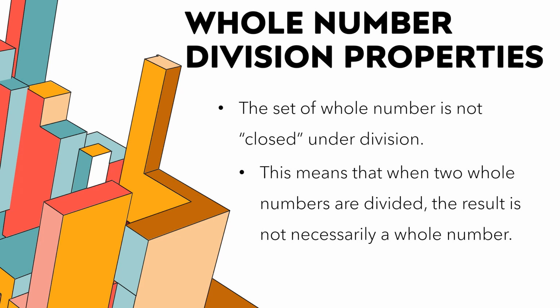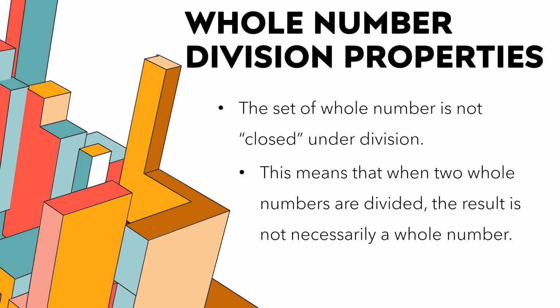Now we're going to talk briefly about some whole number division properties, and then I'll also speak about some of the properties that you will not see here. The set of whole numbers is not closed under division, as we have seen before with subtraction. This means that whenever you take two whole numbers and divide them, the result is not necessarily a whole number.